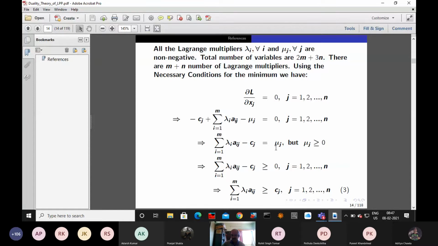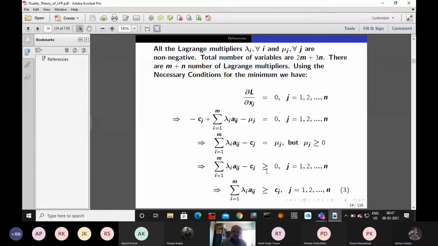But mu j is non-negative. As a result, summation over i varies from 1 to m lambda i aij minus Cj is greater than or equal to 0. This is actually becoming one of the dual constraints. Simplifying further, summation over i varies from 1 to m lambda i aij is greater than or equal to Cj, j varies from 1 to n.